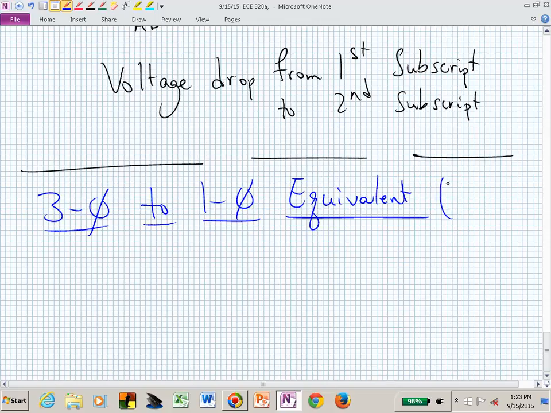And we will do this for a YY circuit, which really means if you had a Y delta, then convert your deltas into Ys, and now you have a YY circuit, three-phase. Now we can extract the single-phase equivalent from that circuit.